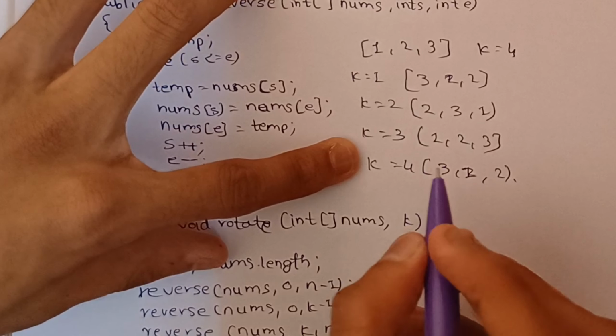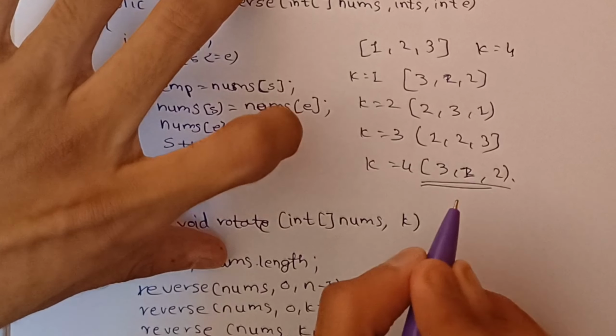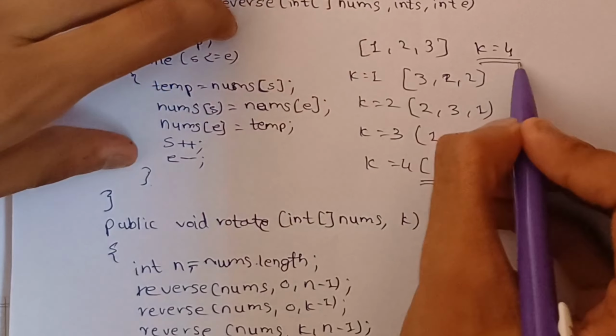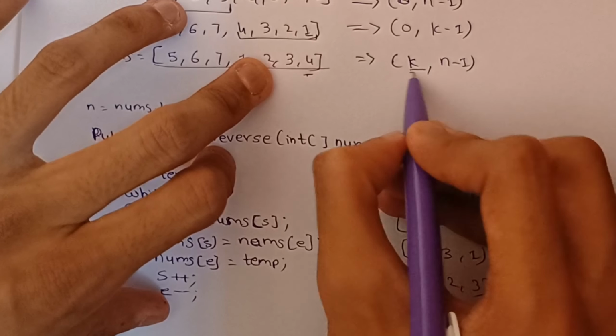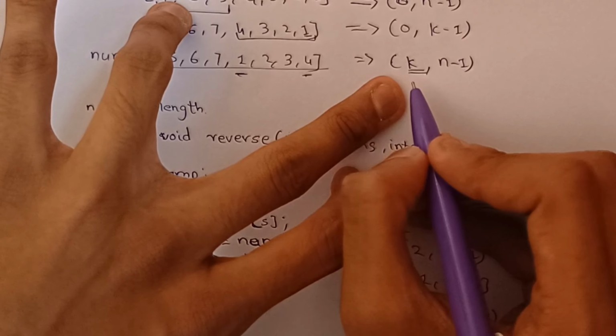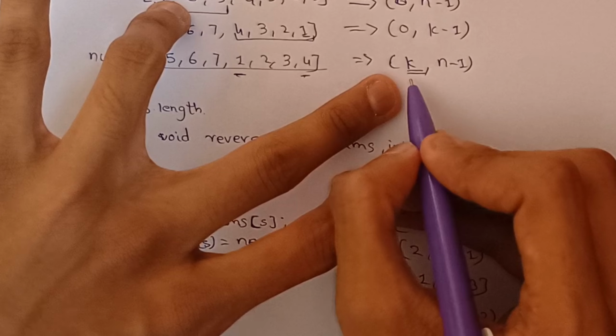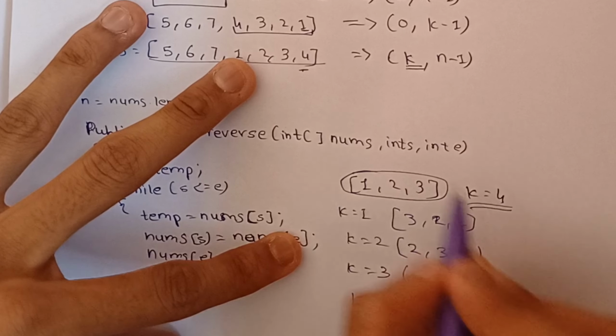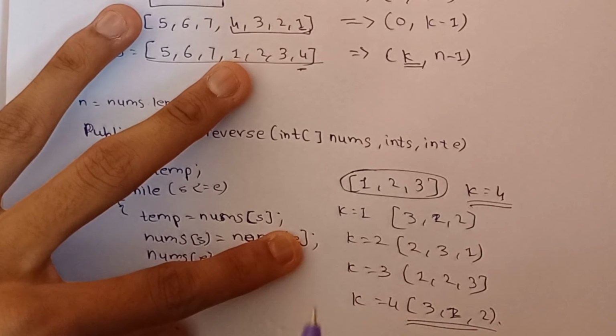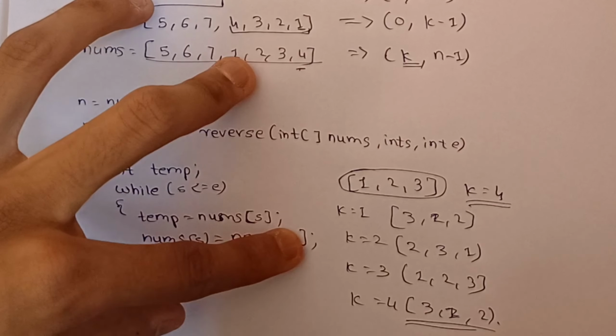This is our answer, right? But with k equal to 4 we will get an array index out of bounds exception, because our length is only 3 and our k is 4.